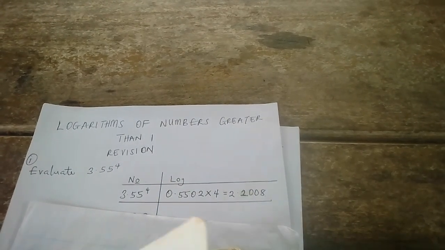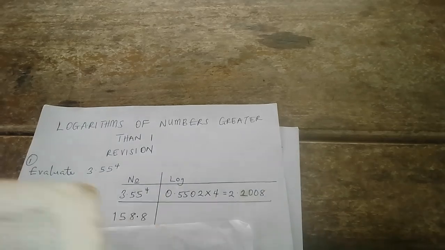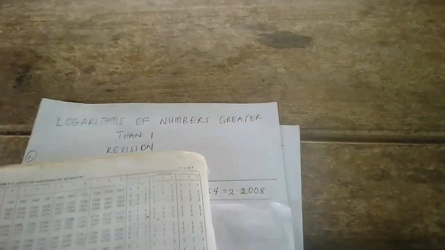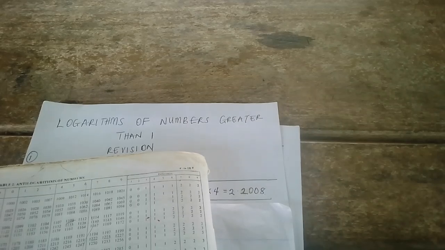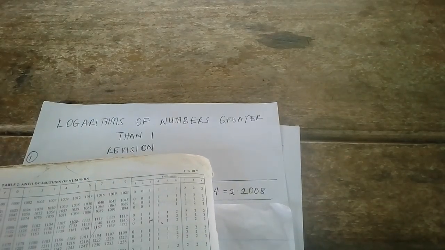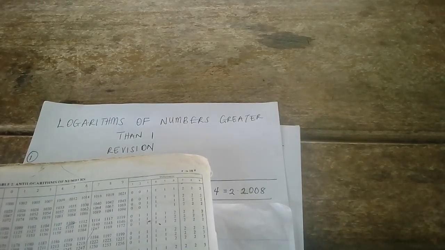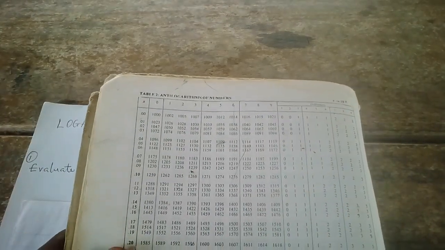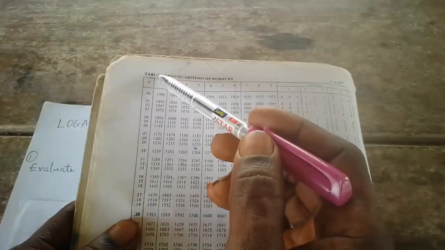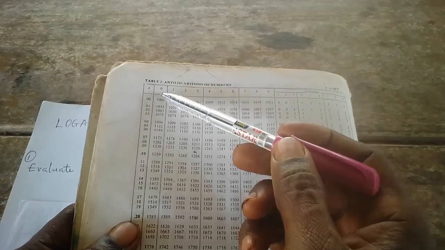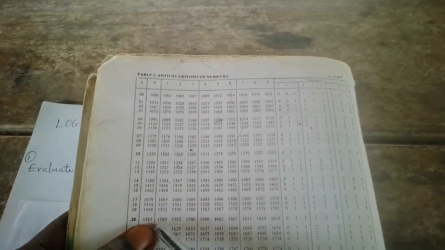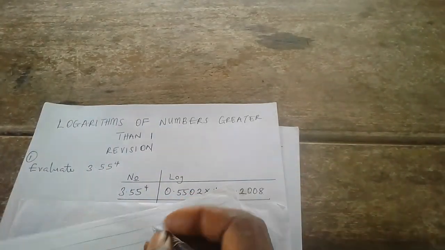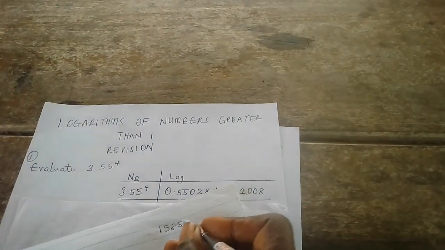You're in your four-figure table, so this is my antilogarithm table. Now you look for 0.20 under 0, difference of 8. I'm having 0.20 here under 0, so I have 1585.